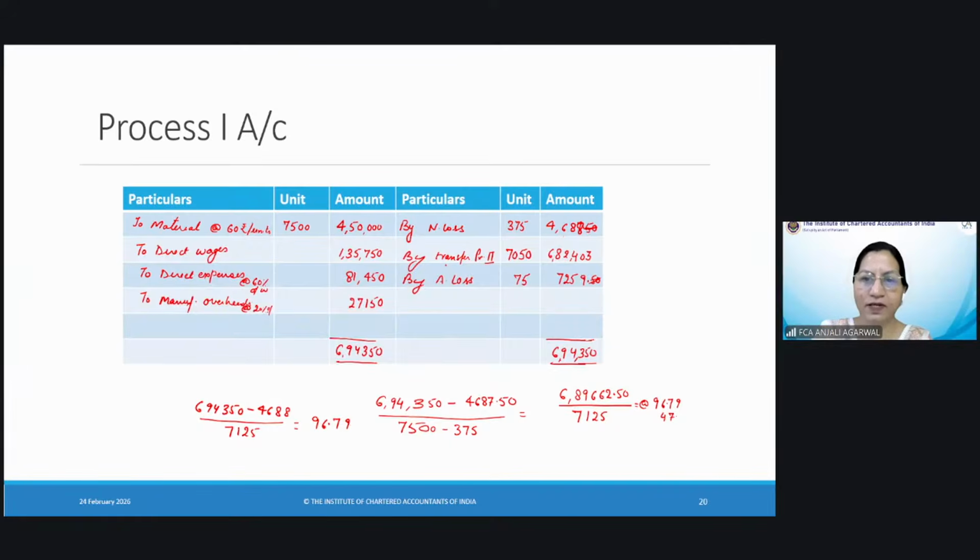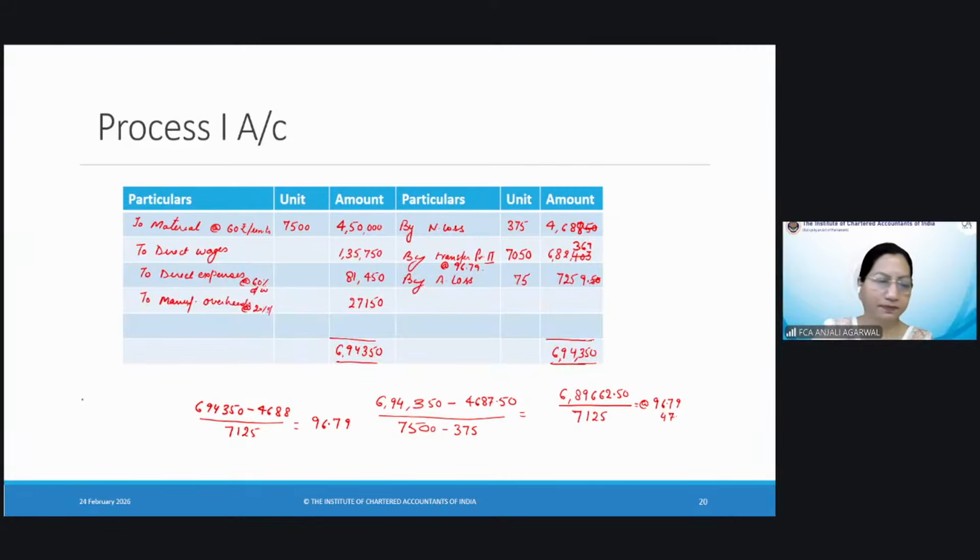And now once you have written it as 96.79, multiply 7050 into 96.79. This is 682,369. So there will be a slight difference, okay, which you can take.